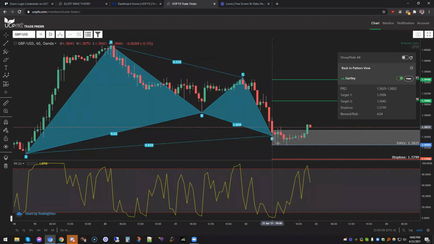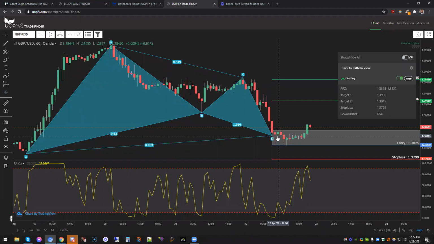We have price completing this Gartley pattern around 9 a.m. And we're looking for a green candle to get involved with a long setup. Okay, so you can see here that we have some red candles coming in, and our entry is now coming in around 11. So we're not really excited to get involved around that time. We're looking for an entry between 8 and 9 o'clock.